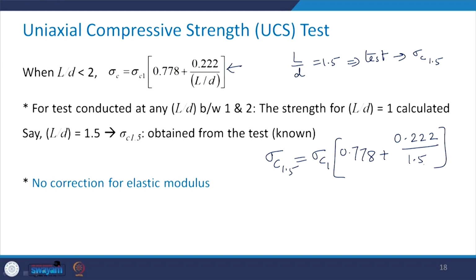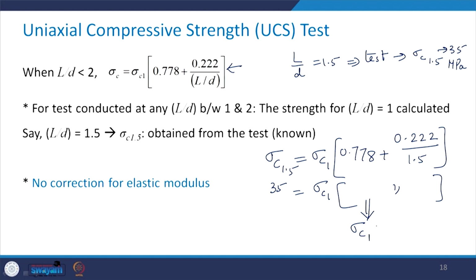Now let us say, for example, this is 35 MPa that we have got from the lab. So I just substitute 35 here, equal to this whole thing. Now all the things are known in this equation, so from here I can find out sigma C1.